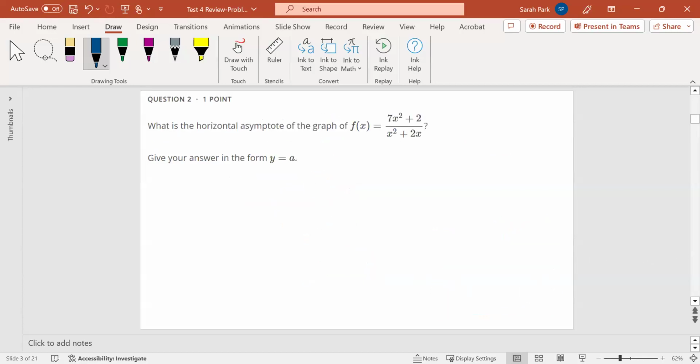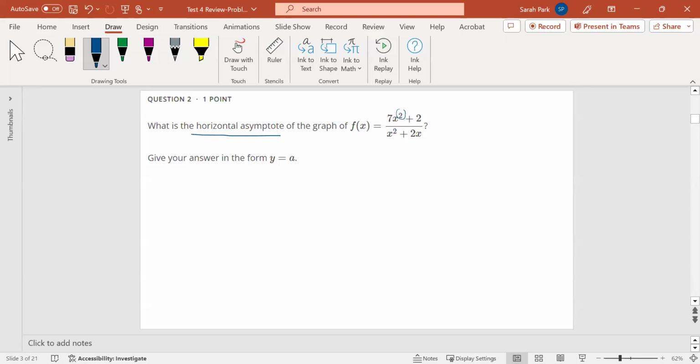Okay, next, what's the horizontal asymptote of the graph f of x equals 7x squared plus 2 over x squared plus 2x, and it says to give your answer in the form of y equals a. So to find horizontal asymptotes, we need to compare the degree of the denominator with the degree of the numerator.